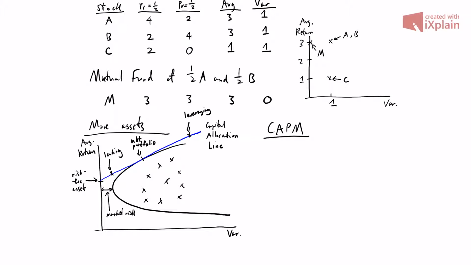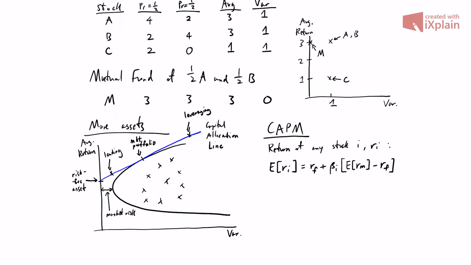Under these conditions, CAPM says that the return of any stock i should satisfy the following relationship. The expectation of R_i should equal the risk-free rate, the return of the risk-free asset, plus a certain beta_i, which is unique to this asset, times the average return of the market minus the risk-free rate.